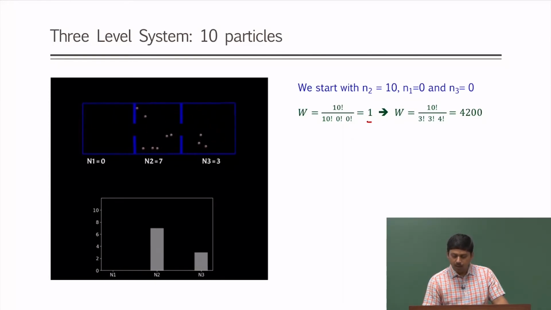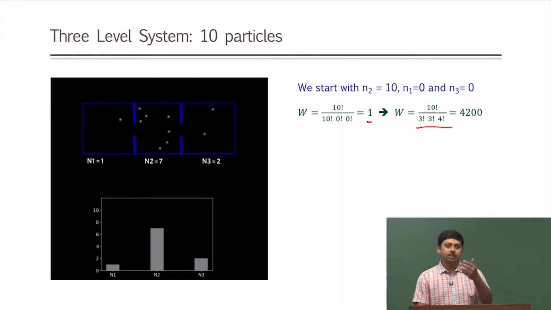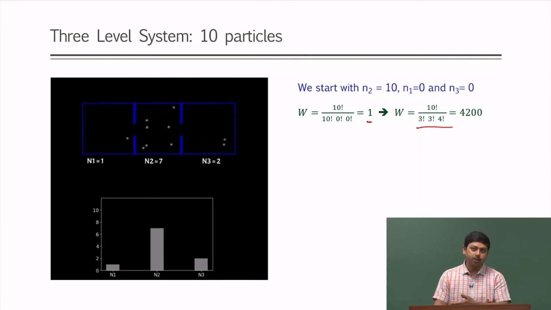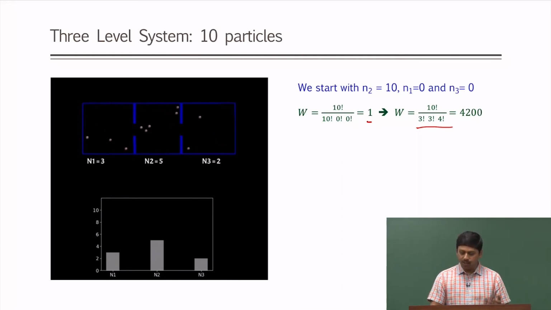Essentially we expect them to be equally distributed, because as we have seen, for a 2 level system n1 equals n2 equals n by 2, similarly for a 3 level system it will be n1 equals n2 equals n3 equals n by 3. However, here I cannot divide by 3, so I am just taking the best possible value 3, 3, 4, and that number is 4200.